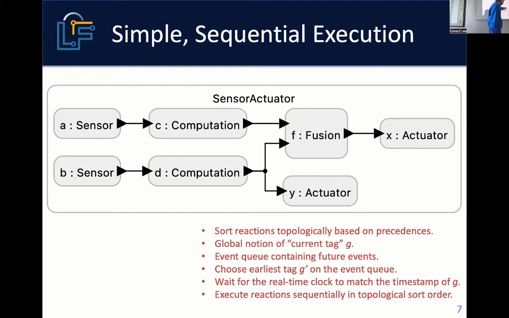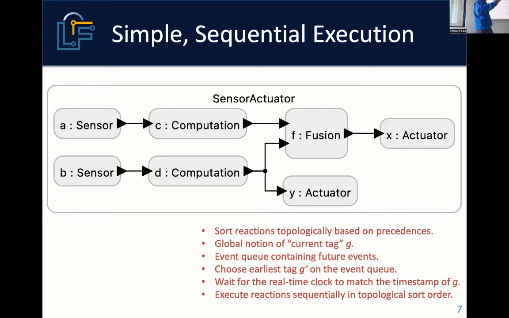But the key idea is that you have a global notion of what is the current tag. That's the timestamp plus the microstep. You have an event queue that stores all the future events. You choose the earliest tag on the event queue. You wait for the real-time clock to match the timestamp of that tag.